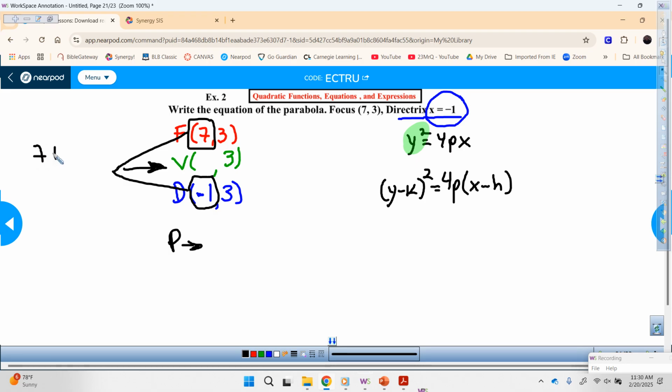Add 7 plus -1. And then divide by 2. So that is 6 divided by 2. So that value for the vertex is 3.